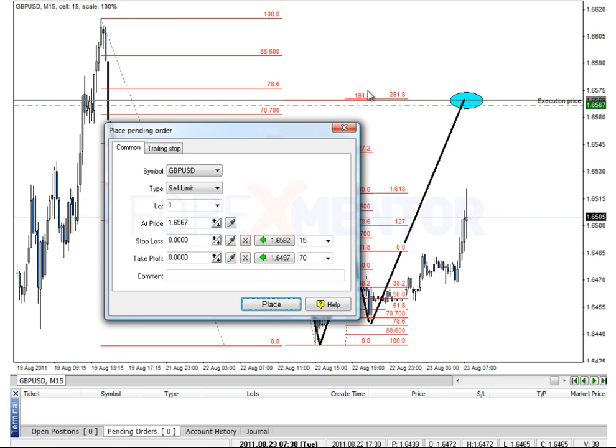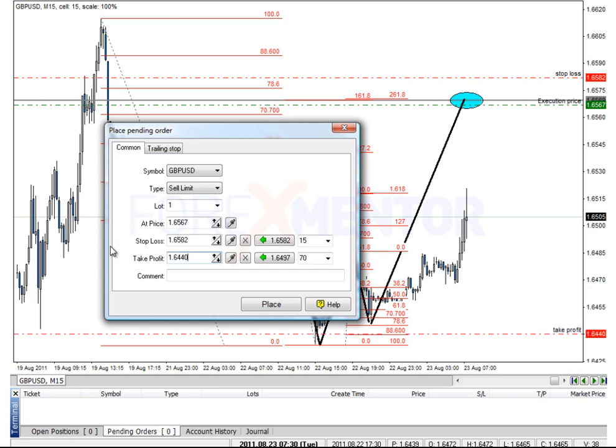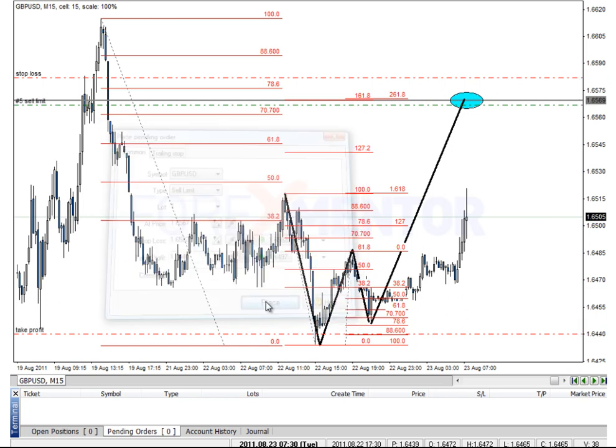I always like to put the order a few pips above or below a level of interest, and I'm going to use a stop of 15 pips. It's going to put us just above the 79 area, and the target I want down towards that 164.40 area. 164.40 is the target on there, so we place that in there.